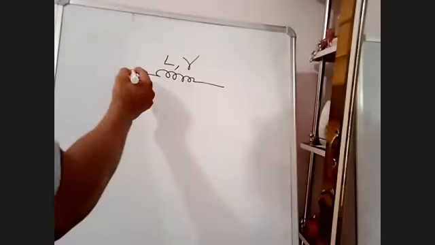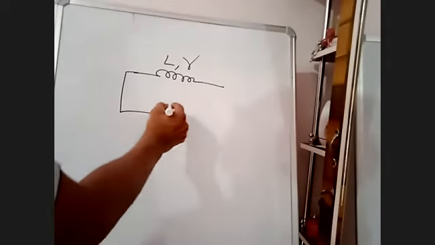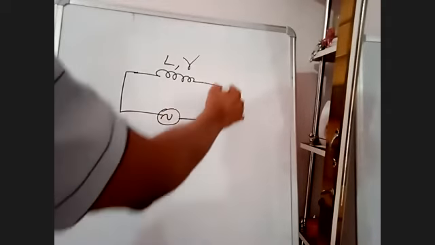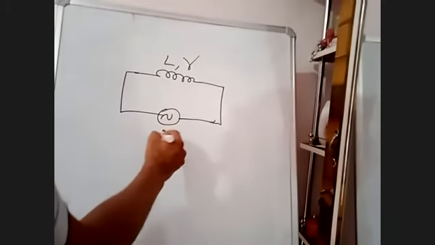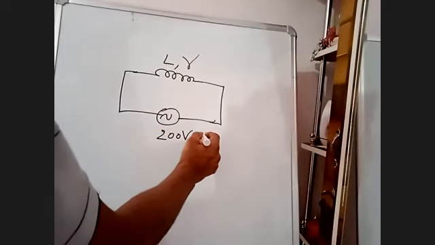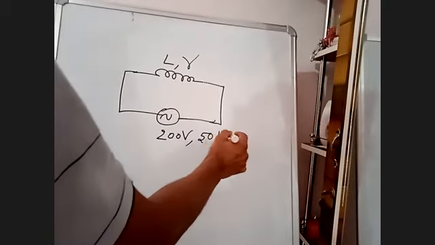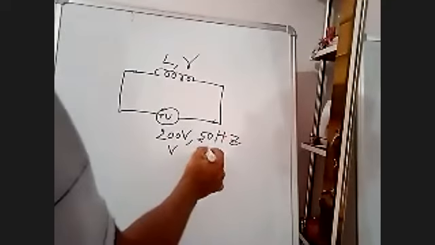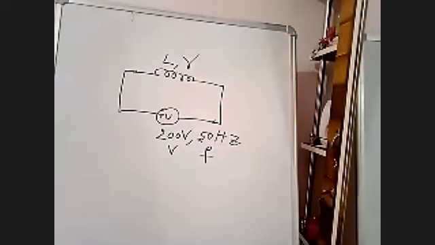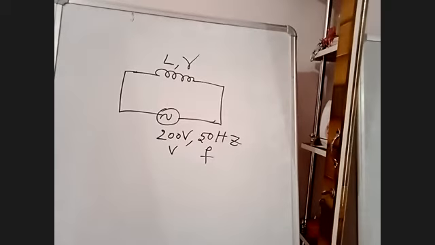Now, what is the voltage applied across this choke coil? 200 volts. The AC supply frequency is 50 hertz.